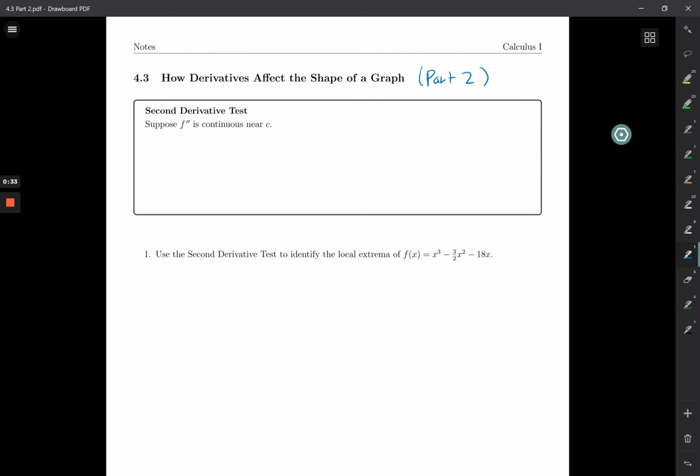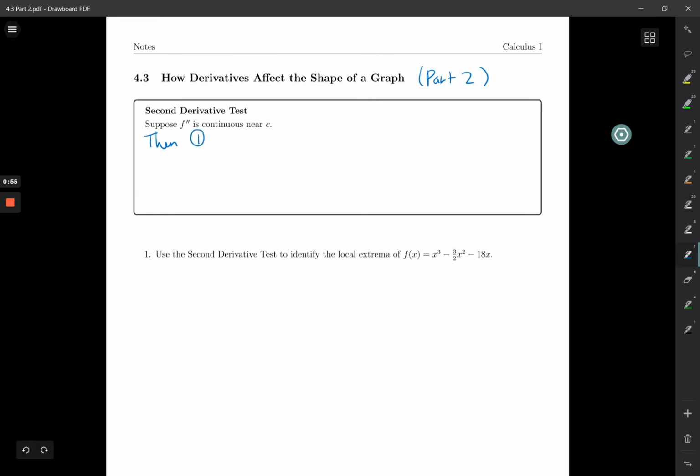This is also going to tell us whether a critical point is a local max or a local min. The condition that we need is that the second derivative is continuous near c. Then there are 3 possibilities.